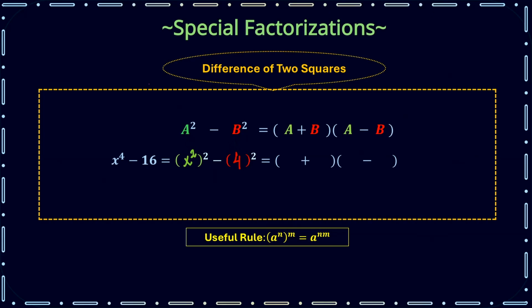Substitute. a is x squared and b is 4. We get x squared plus 4, x squared minus 4. Now, look at what you have. We have two products. x squared plus 4 is a binomial, a sum of two squares.